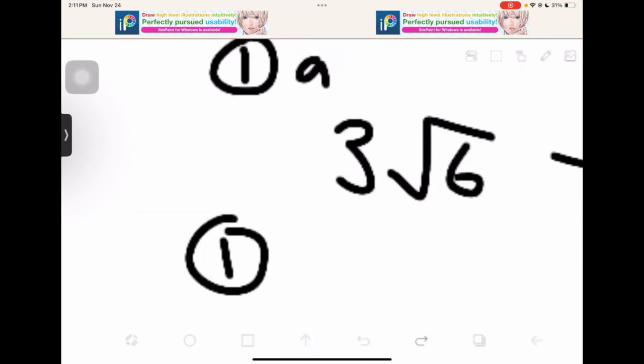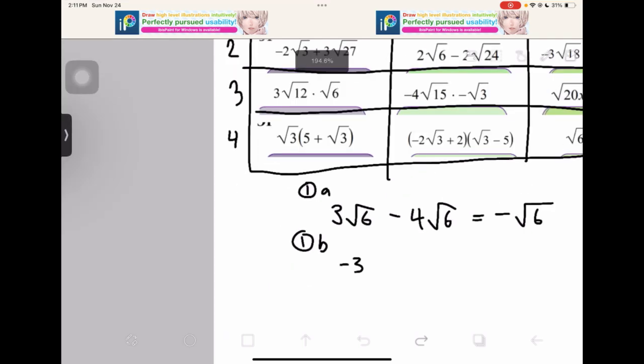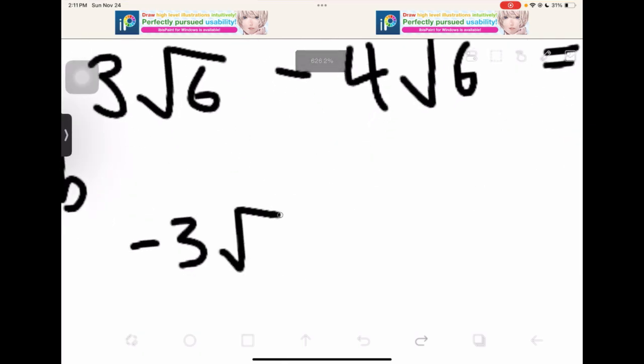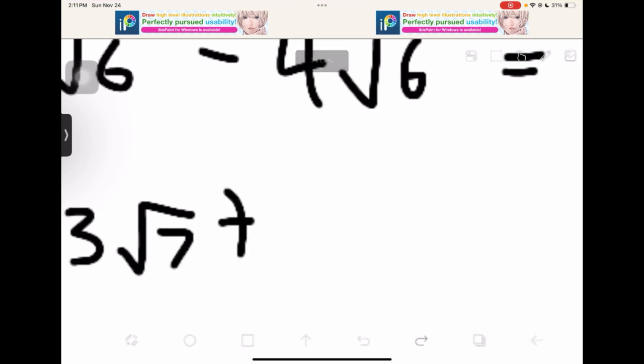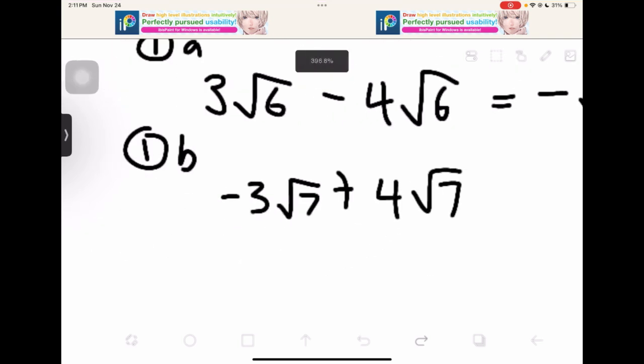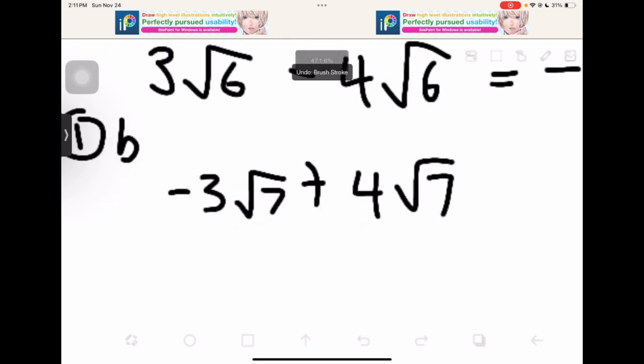Next, 1b. It says negative 3 square root of 7 plus 4 square root of 7. Once again, check if both numbers here are the same. Then check if the indexes are also the same. Once it's the same, we just add the numerical coefficients.